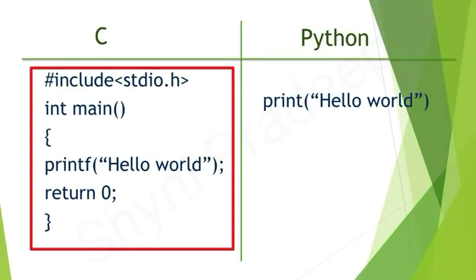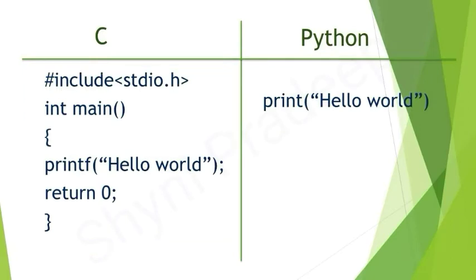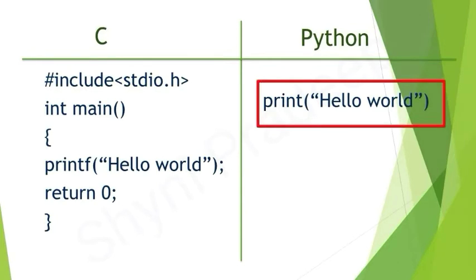Then only it prints the statement hello world. But in Python, if you want to print hello world, you have to write just one line of code. It will print this statement on the output screen, because the syntax of Python is very simple, clean and easy to learn when compared with other programming languages such as C, C++, Java.